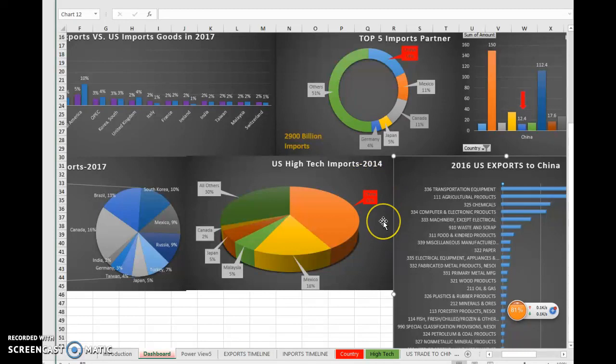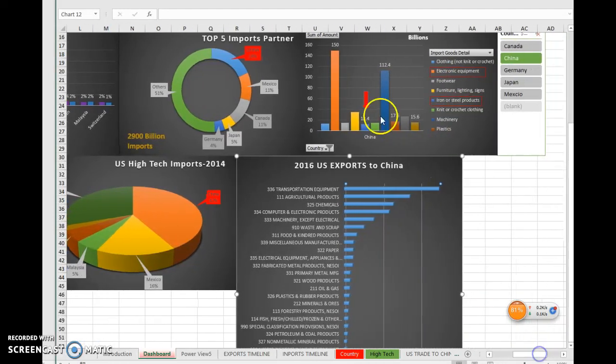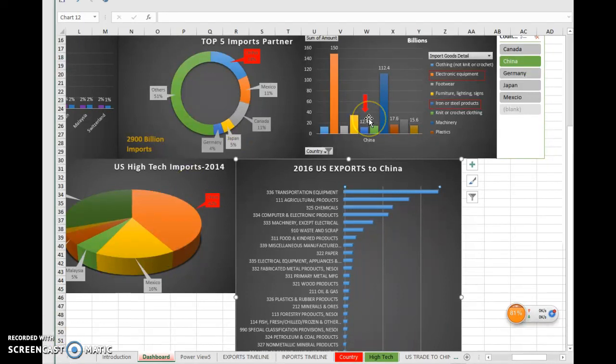For this one, China contributes more than 42% of US total imports, and the amount is $150 billion. This category is so big that if this equipment was charged by a 25% tariff, the amount will be largely influenced.